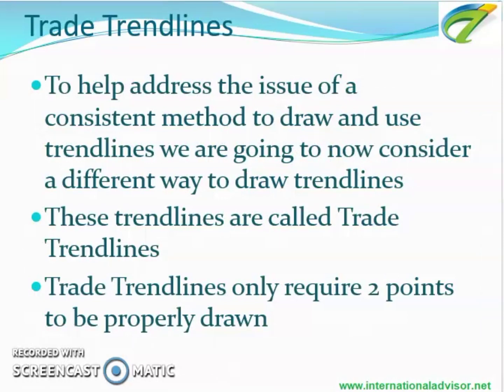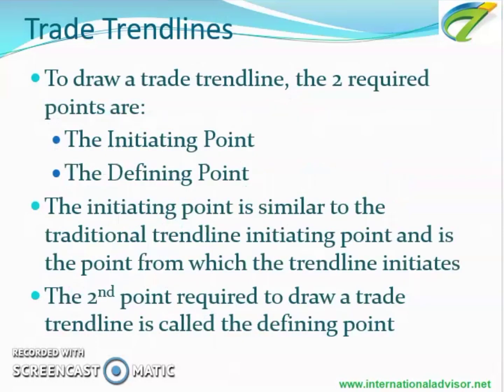To help address the issue of a consistent method to draw and use trend lines, we are going to now consider a different way to draw trend lines. These trend lines are called trade trend lines. Trade trend lines only require 2 points to be properly drawn. To draw a trade trend line, the 2 required points are the initiating point and the defining point.